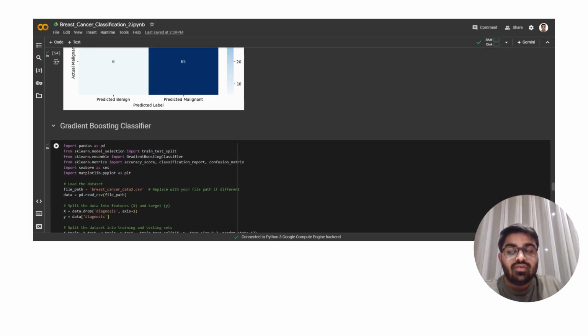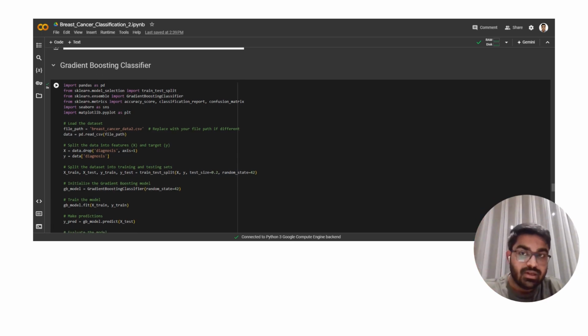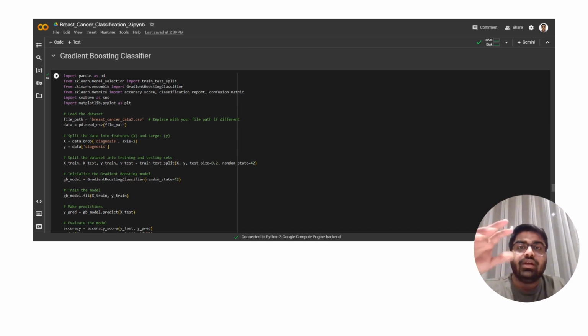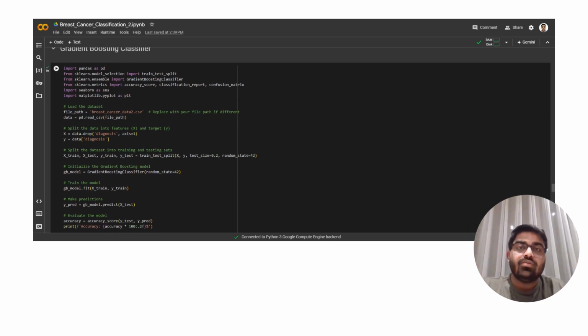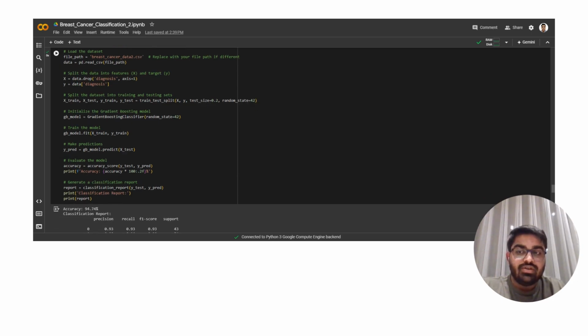We are moving forward to the last classifier of our classification model study for breast cancer, which is gradient boosting. For gradient boosting, we loaded the data set and ran the model.